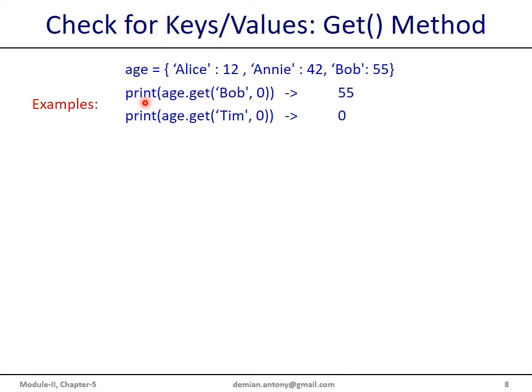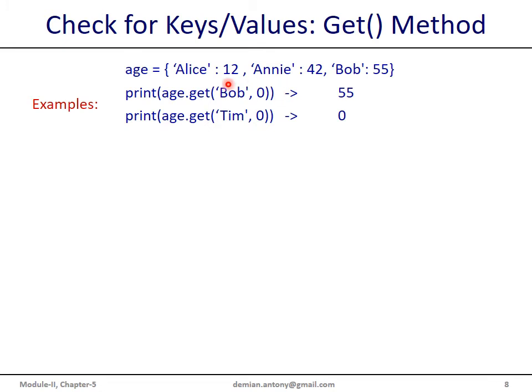What we have to do is use the get method, age.get, and pass two arguments, the key, that is the name of the person, Bob, and the default value, that is 0, if the age of Bob is not present in the dictionary. That means the record of Bob is not available in the dictionary age.